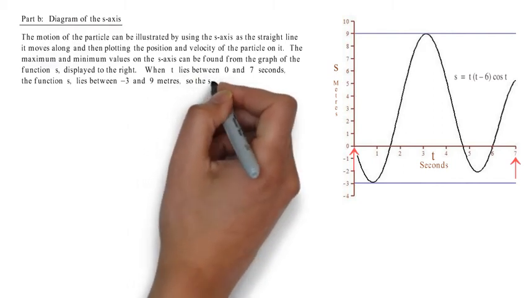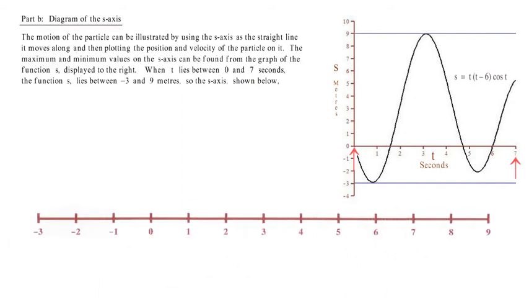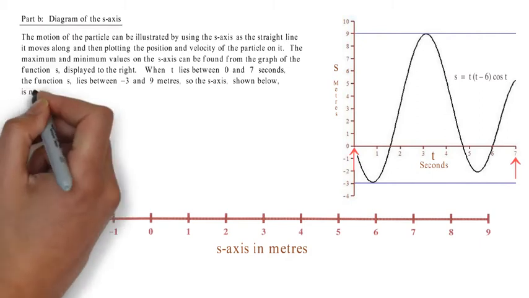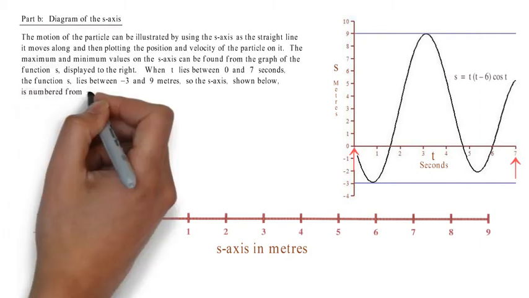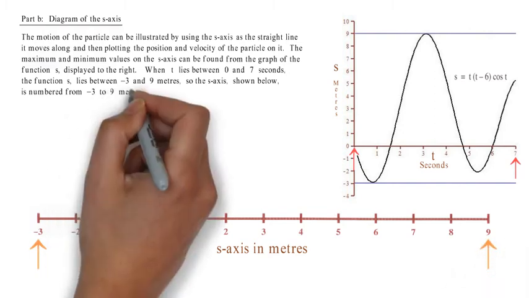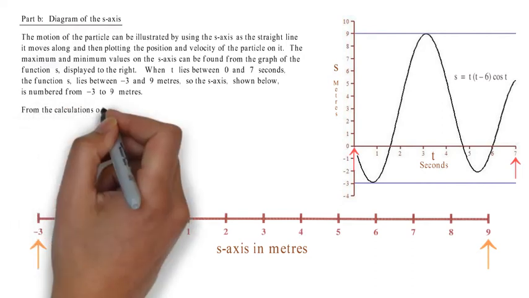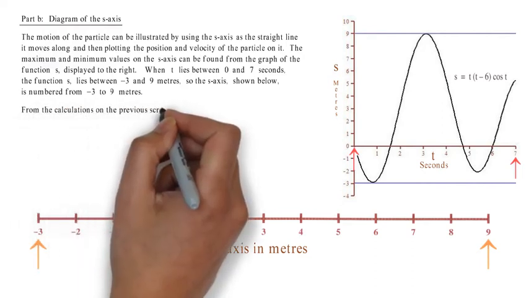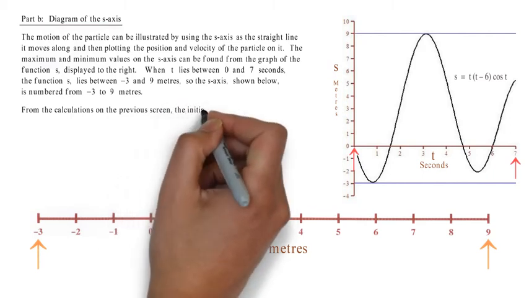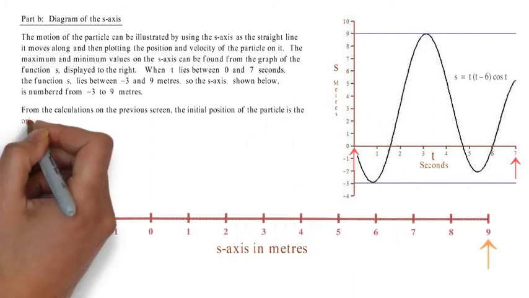So the s-axis shown below is numbered from -3 to 9 meters. From the calculations on the previous screen, the initial position of the particle is the origin.